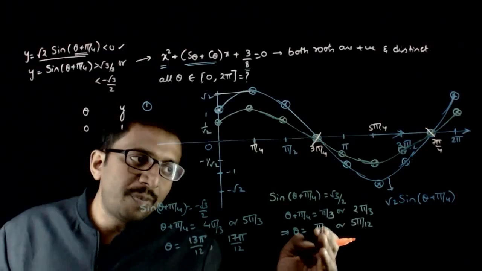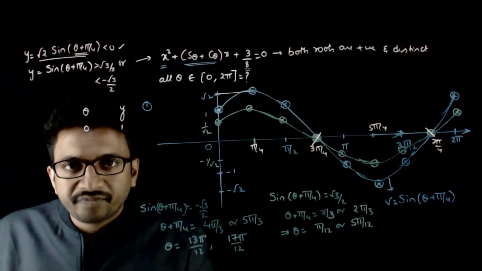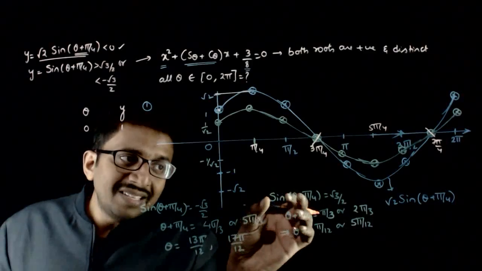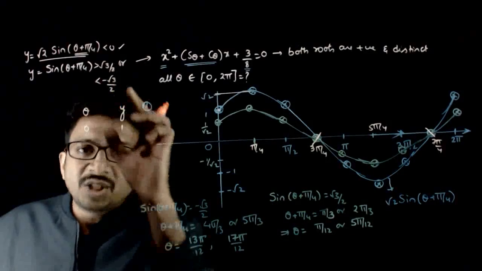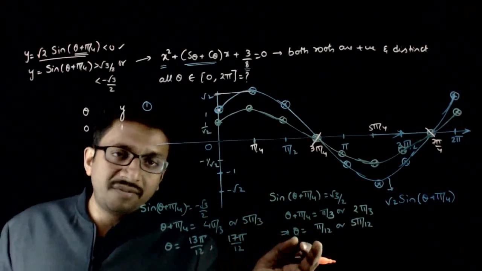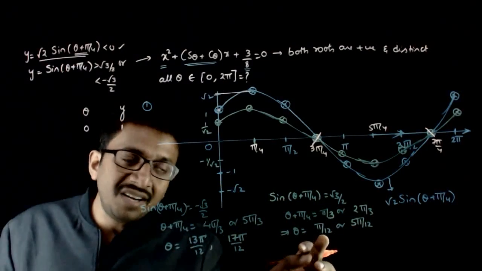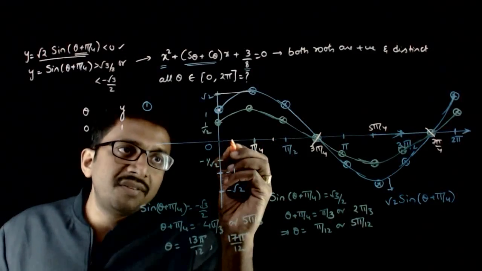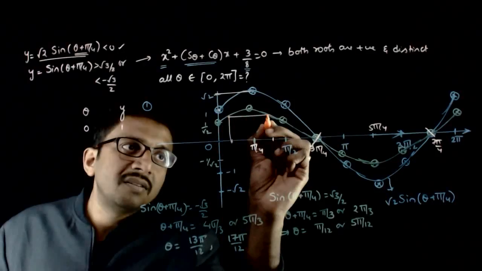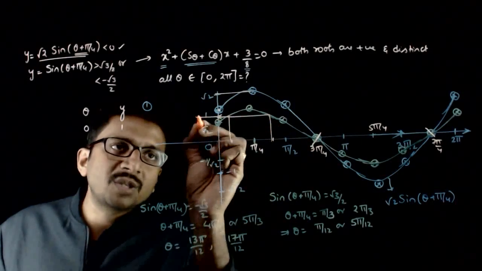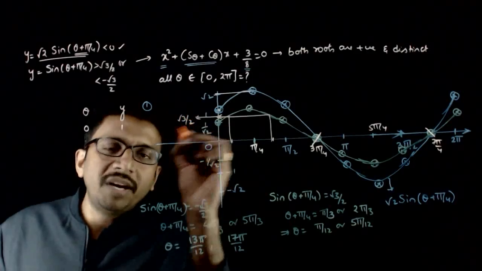So theta is equal to pi by 12 or 5 pi by 12, that is 15 degrees and 75 degrees. So you have 15 degrees here, 75 degrees here. These are the two values of x corresponding to the value root 3 by 2.